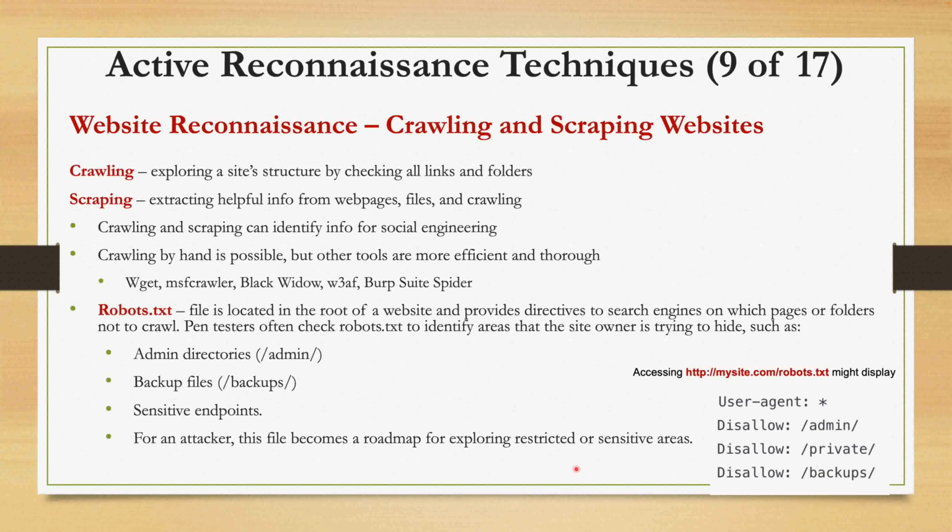So for an attacker, this file becomes a roadmap for exploring restricted, sensitive areas. If I see this, then I want to look into it and figure out if there's something hidden. So again, robots.txt is one of the important files that you need to look for.